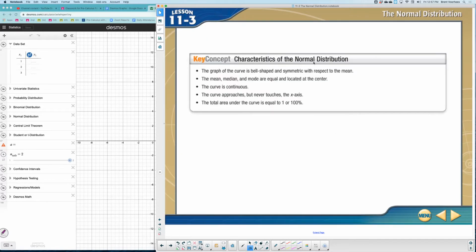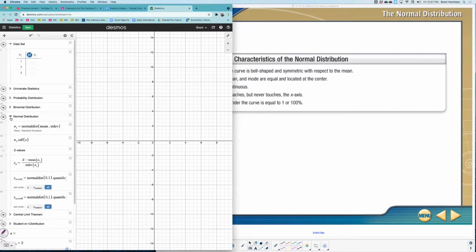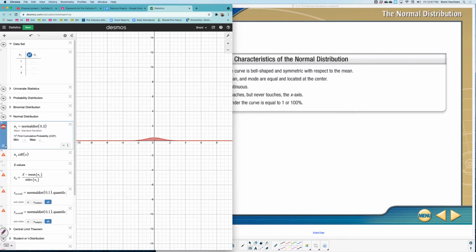So I'm about to show you a normal distribution in a moment, but it says this: the graph of a curve is bell-shaped and symmetric with respect to the mean. So if you open up normal distribution here, I'm just going to give you an easy one. The standard is 0, 1. I'll show you what the picture looks like.